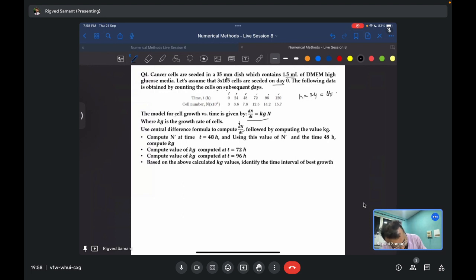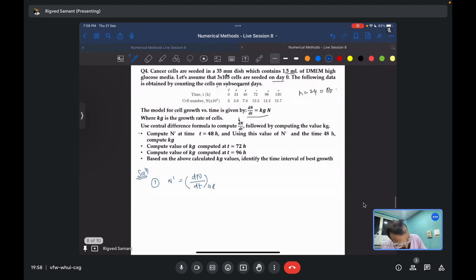In the first question it is asking you to compute n dash, that is dn by dt at t equal to 48, and using the value of n dash compute the kg.